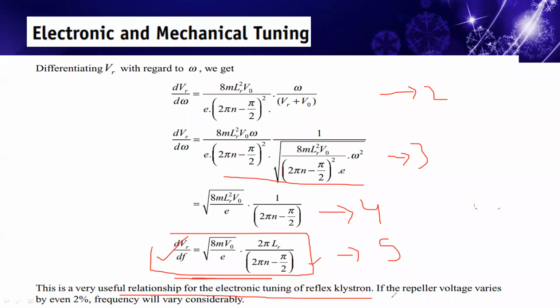Here is the comment taken: if the repeller voltage is varied by 2%, the frequency will be varied by a considerable amount.